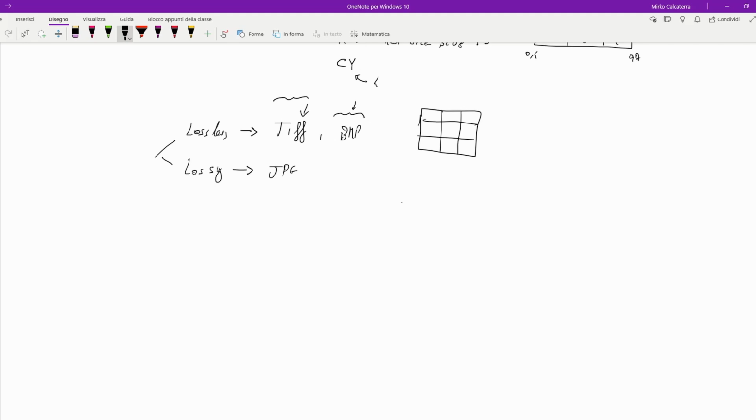Something like that, so 3 pixel by 3 pixel. Here you have only 1 pixel and you see only 1 point in a pixel, or maybe a colored pixel, I don't know. What is important to understand is that here you have more detail than here. But this format reduces the weight of the image by more or less 10 times or something like that. It depends on the kind of compression, it depends on the image details and so on.